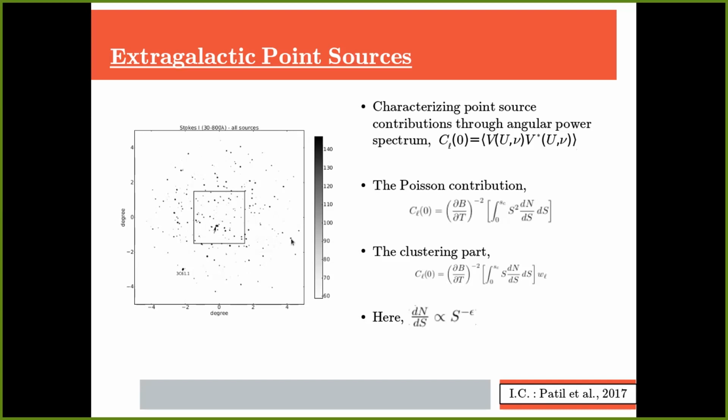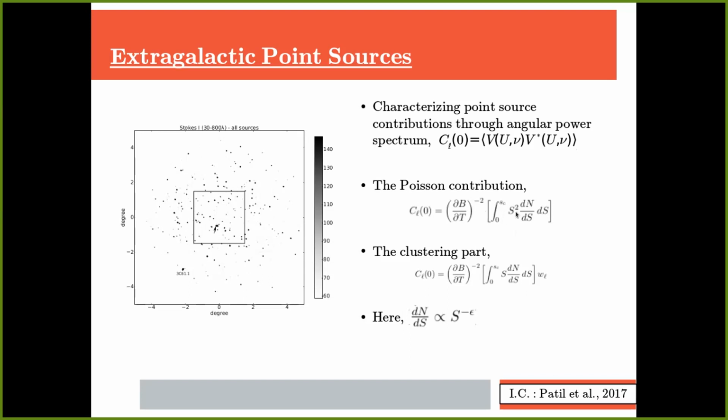Right. And the point source is expected to have two contributions. One is the Poisson contribution due to the randomness of the point source distribution, and another is the clustering part. The contributions can be calculated using these relations, where this dB/dT is essentially that 2 k_B by lambda square factor.